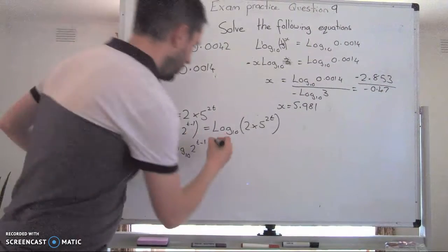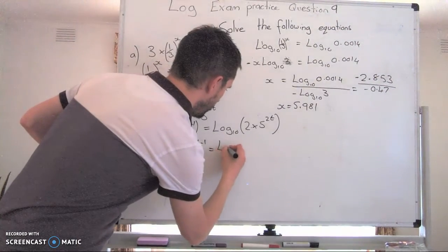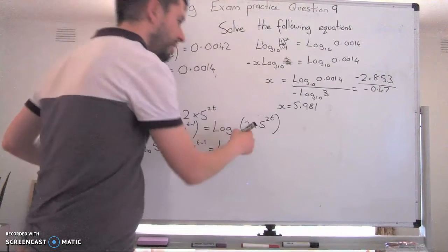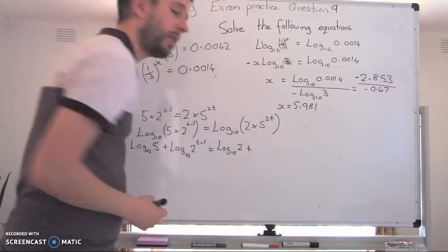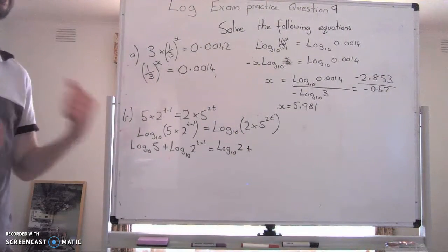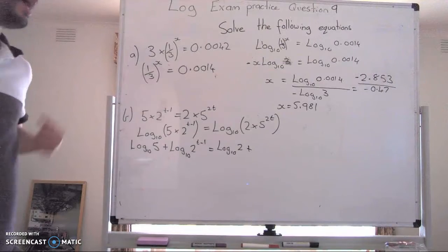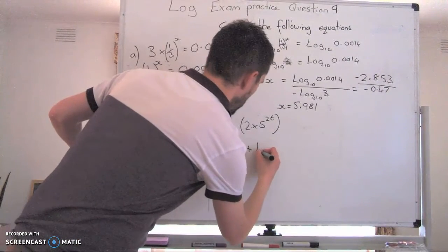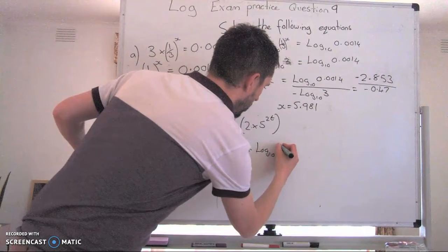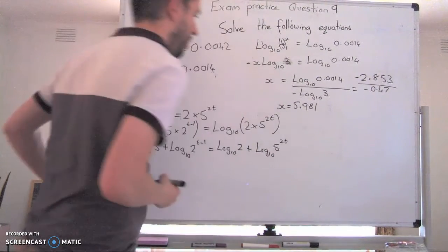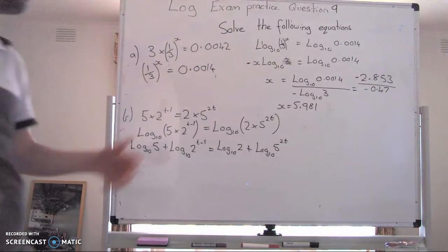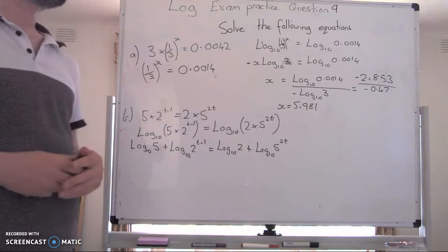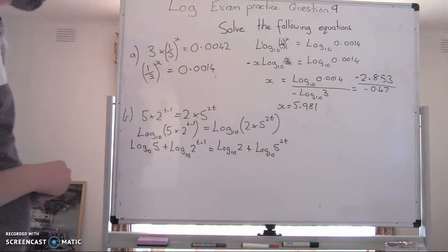And I then can go, it's equal to log base of 10, 2. Again, it's timesing, which means I am plussing, because think about our exponents. When we're timesing, we're just adding our exponents. So we're adding log base 10 of 5 to the power of 2t. This is starting to get a bit simpler now.